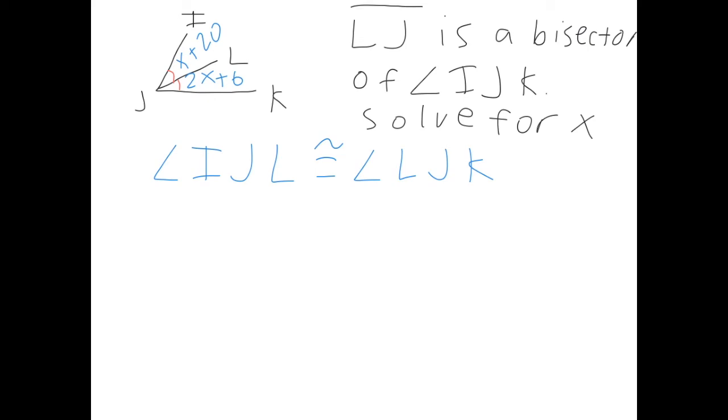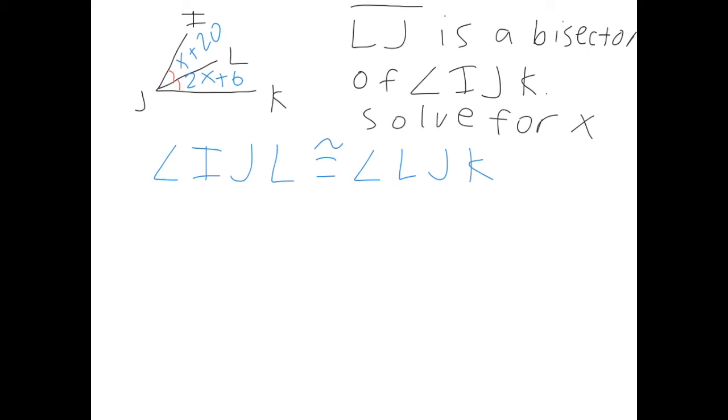Those two are congruent. So instead of asking us for an actual measurement, this time it wants to know what is the value of x, because instead of giving us actual numbers, it gives us expressions. So, let's solve for x.